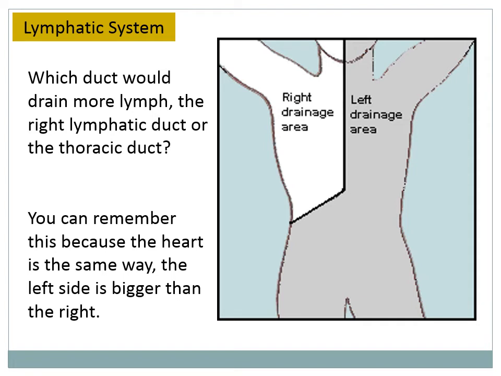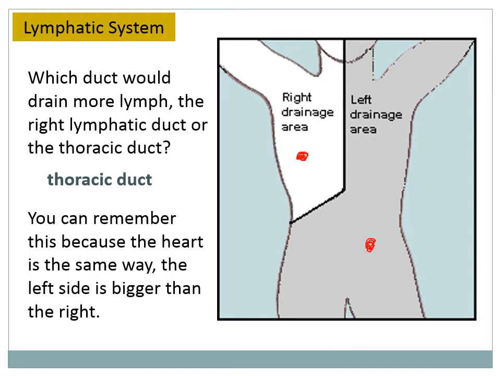Looking at this diagram, we can see that one side of our body is clearly working harder than the other. Which duct will drain more lymph, our right lymphatic duct or our thoracic duct? It's going to be our thoracic duct. Now remember that your right lymphatic duct is going to be over here, and it's not a left lymphatic duct, it's your thoracic duct, down in this general region.